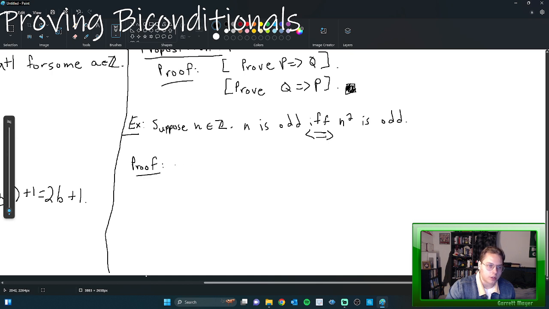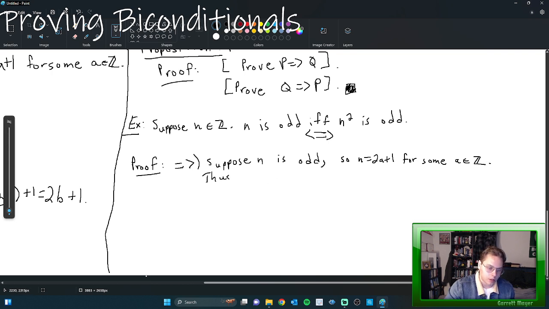We're going to prove each direction. So we're going to start by proving this direction. Suppose n is odd, so n equals 2a plus 1 for some integer a.